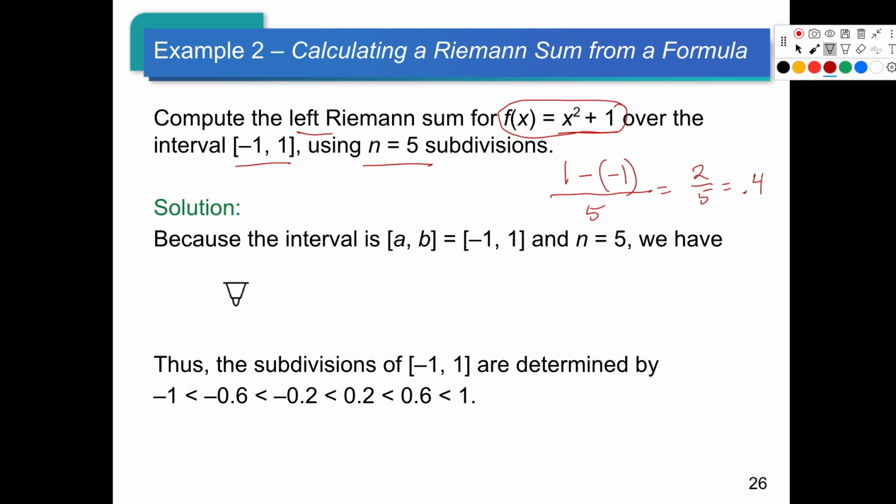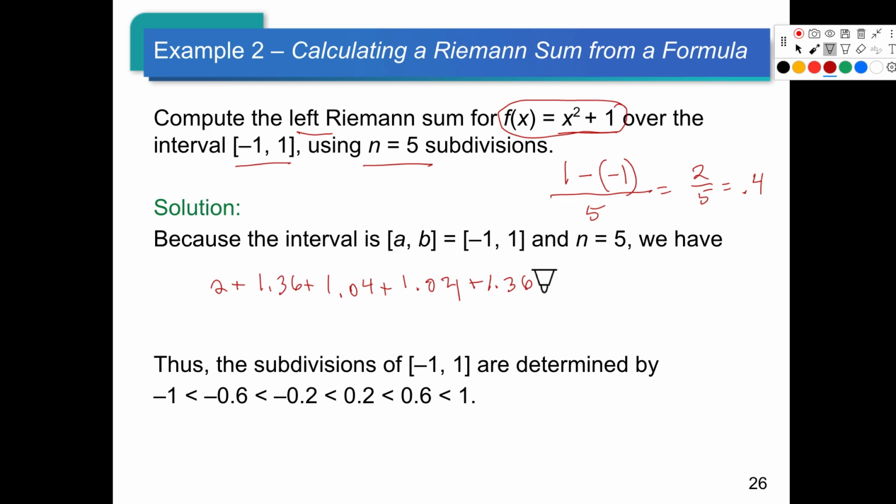So we've got 2, we've got 1.36, we've got 1.04, we've got 1.04, that happened twice, and then the last one will be 1.36.